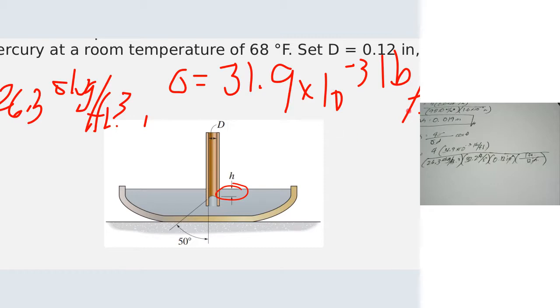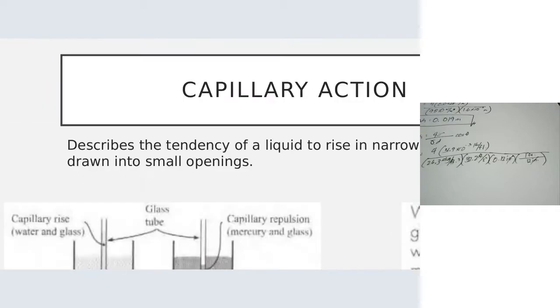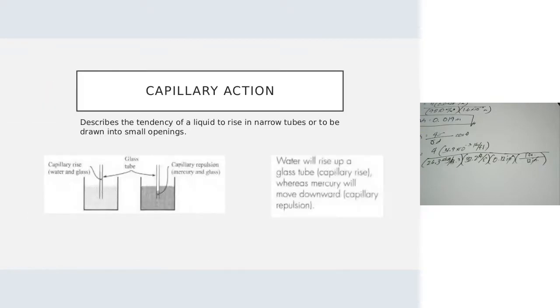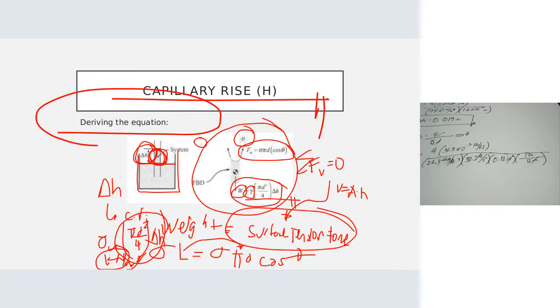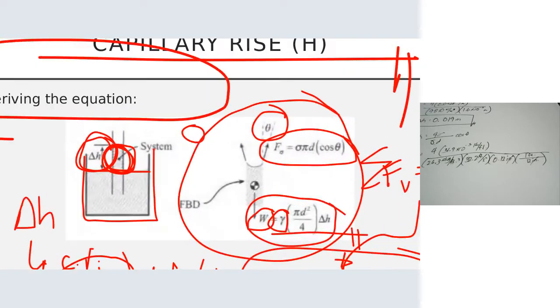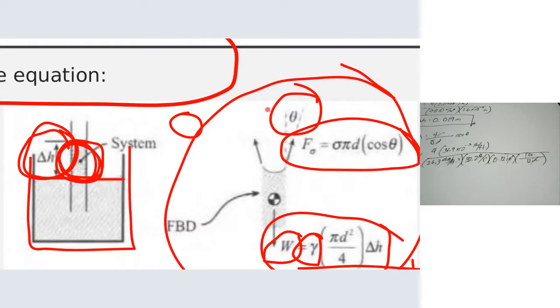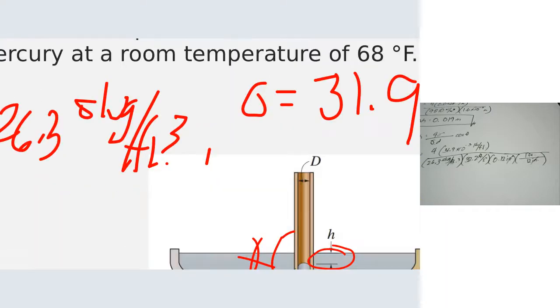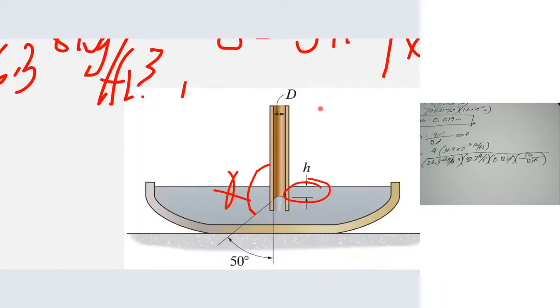Okay. So, yung angle na i-consider natin is this angle. Because if we look at the derivation of the formula, here is the tube and here is your angle. So, it's derived using this figure. So, we need to get the angle, no?